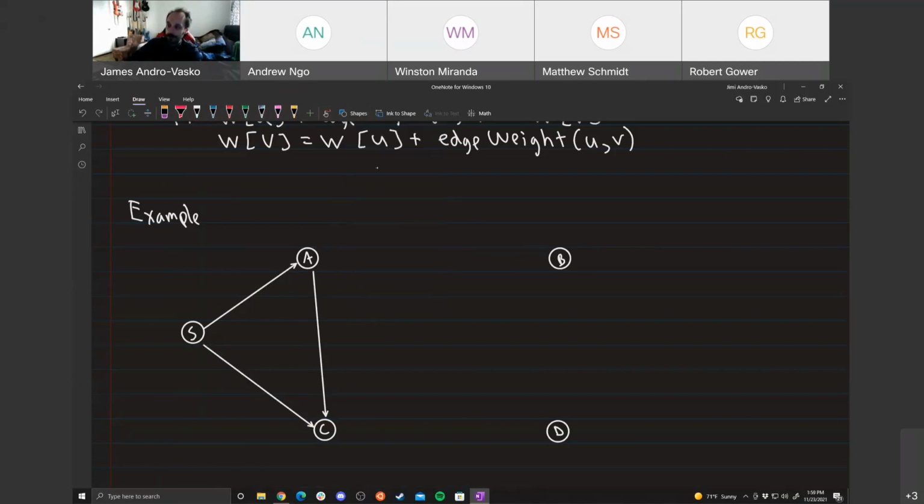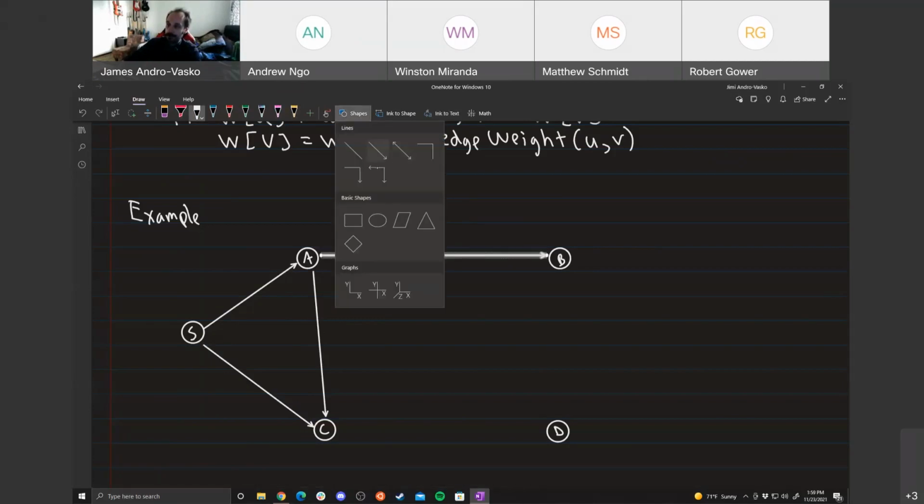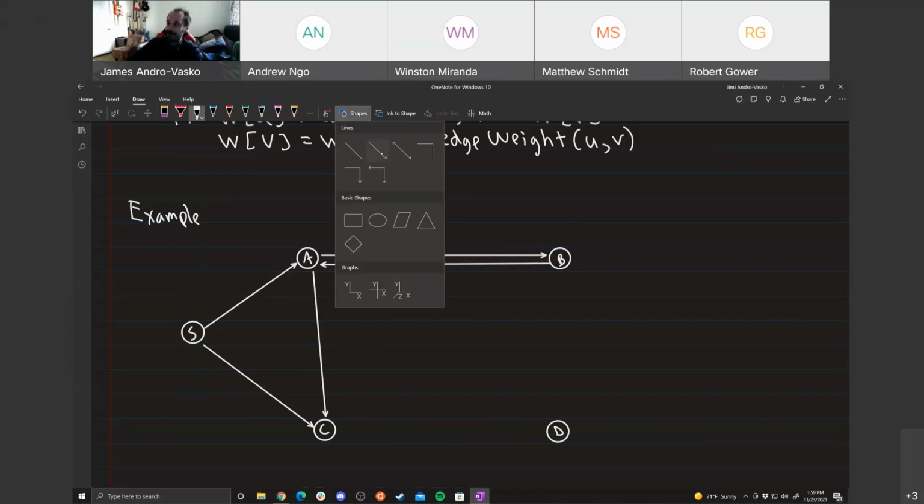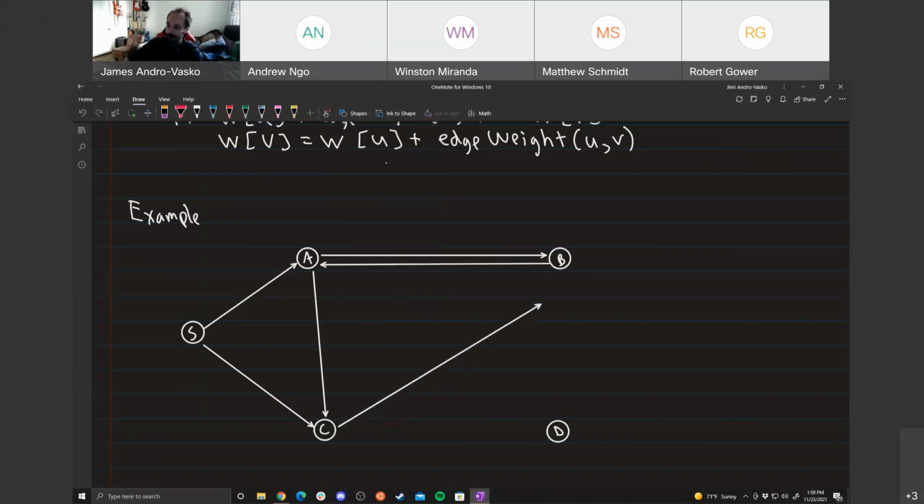Doesn't look too good like that. That's better. And then also B goes back to A as well. All right, and then C goes to B. Pretty extreme graph actually from the book, but I think it covers many cases. So it's definitely a good example to use.